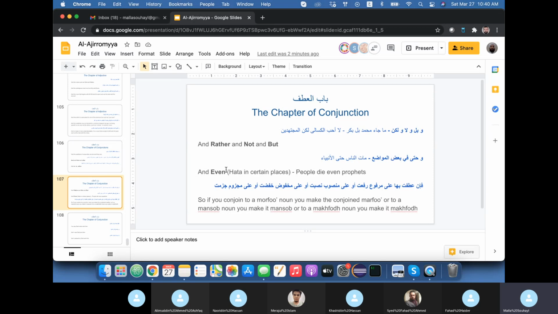The first, did we talk about the fact that it is one of the particles of khafad? So hatta can be one of the particles of khafad, it can also be an agent of nasab, and it can also be a conjunction. I'm not sure which ones we talked about and which ones we didn't, but I think we at least talked about the fact that it's an agent of nasab, right? Okay, brother. Got it. Thanks.